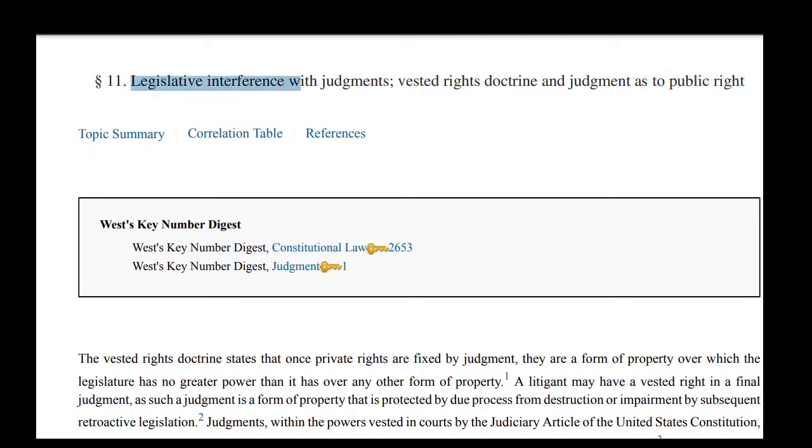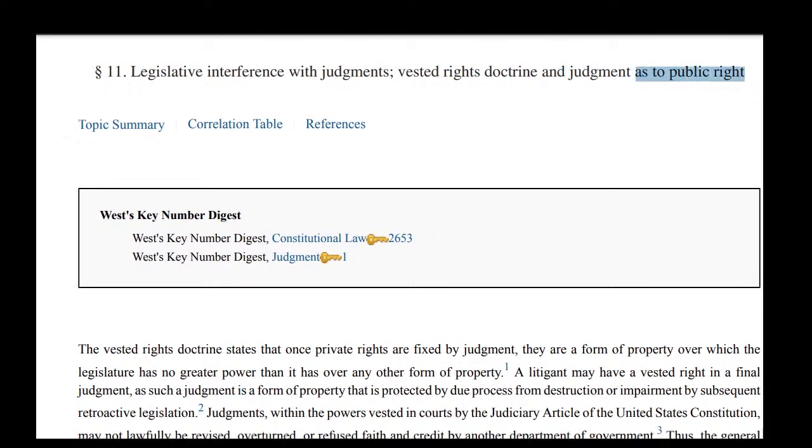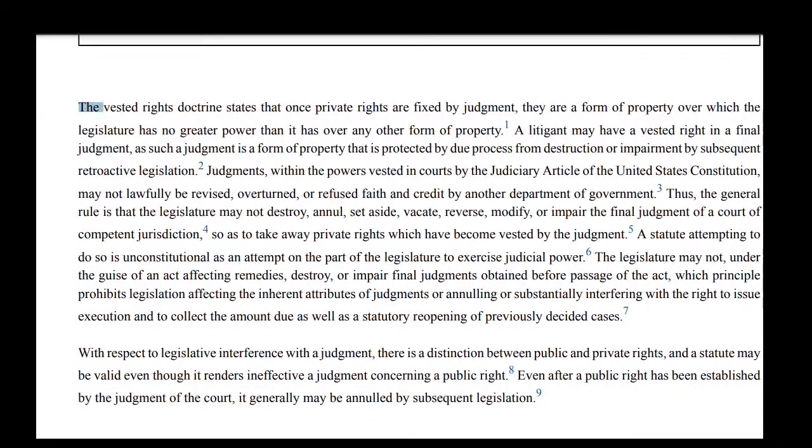This legislative interference with judgments. Now we're looking over the vested rights doctrine and judgment as to public right. The vested rights doctrine states that once private rights are fixed by judgment, they are a form of property over which a legislator has no greater power than it has over any other form of property.